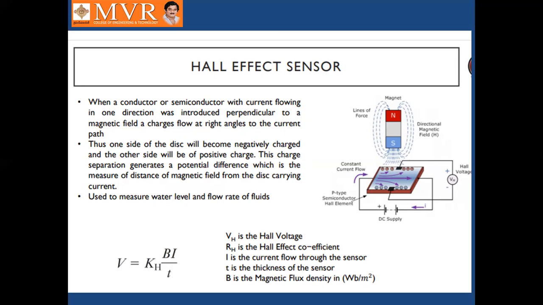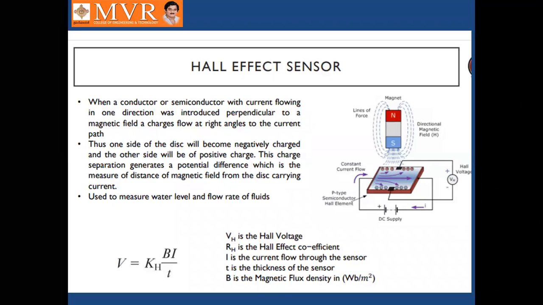Two voltages are supplied to a particular plate, and these two voltages should be in perpendicular directions. When a conductor or semiconductor with current flowing in one direction is introduced perpendicular to a magnetic field, a charge flows at right angles to the current path.